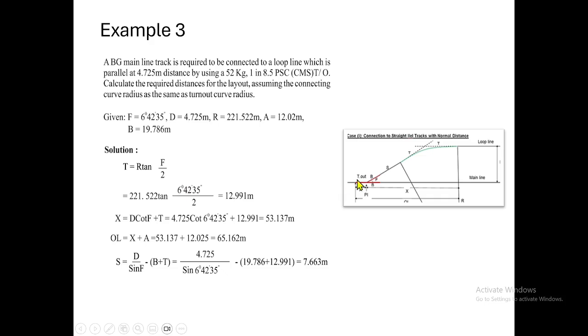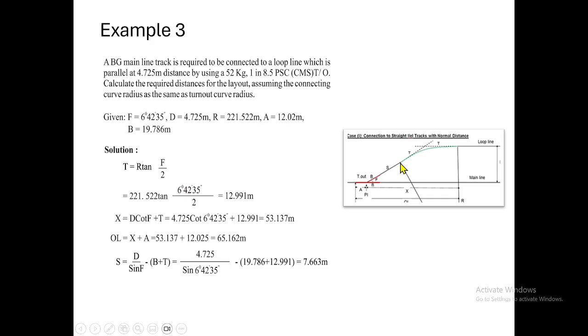Then we also have to extend the line, then angle equal to f, further for a distance equal to s, so that we are able to locate the tangent point 1 here.